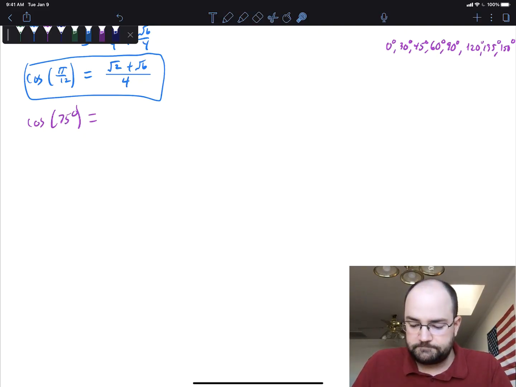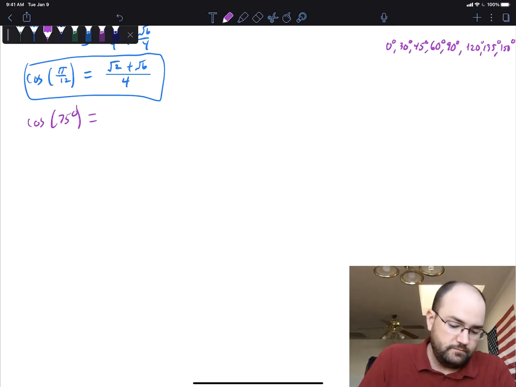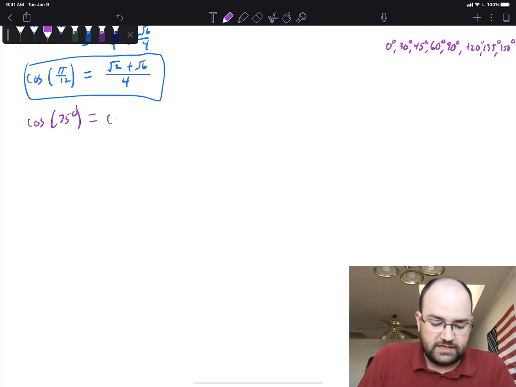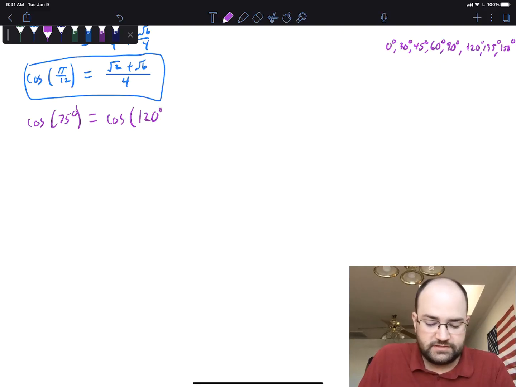Well, let's start looking. 90 minus 30 is 60, doesn't work. 120 minus 30 is 90, that's too large. 120 minus 45, that is in fact 75. So the difference will be between 120 and 45. So this would be the same thing as cosine of 120 degrees minus 45 degrees.